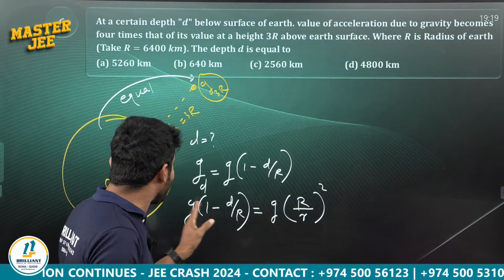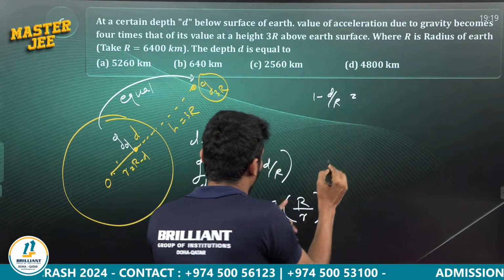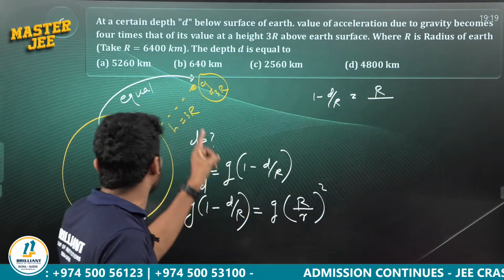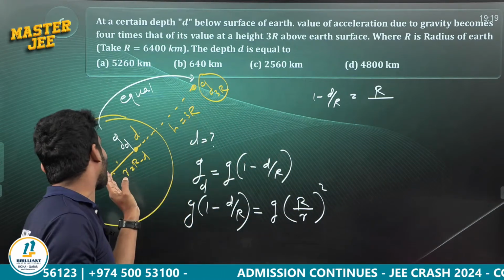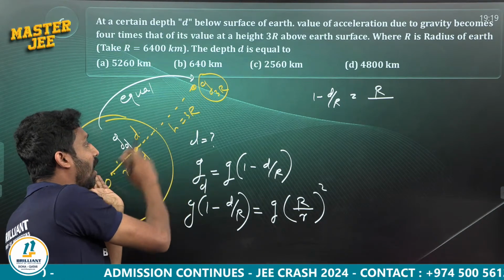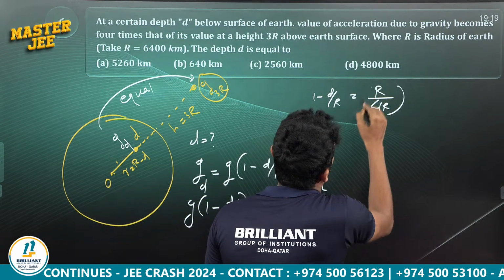Now g cancels, so 1 minus d by r is equal to r by R whole square. What is this R? R is the distance of that height point from the center of the earth. From the center of the earth, this is 3r and this is r, totally r plus 3r is 4r. So 4r whole square.